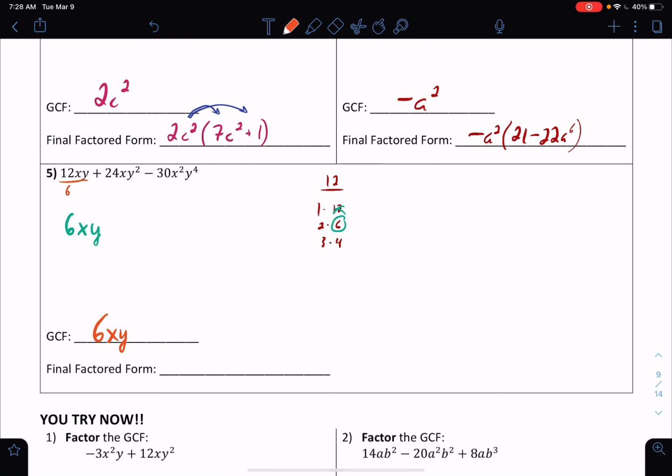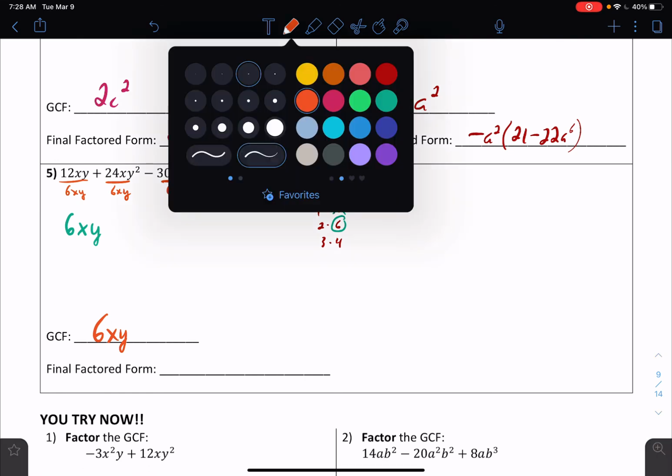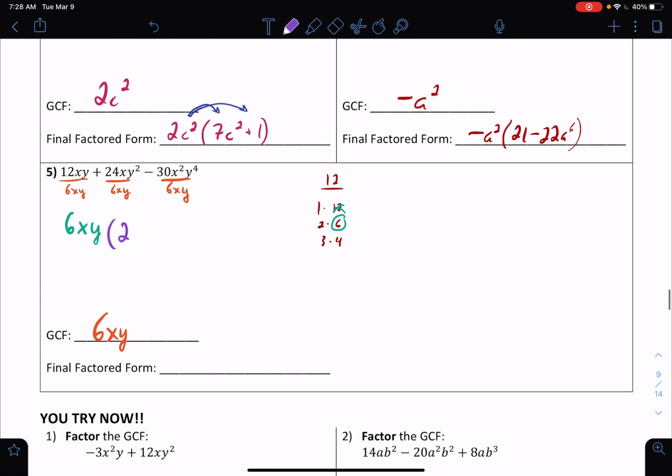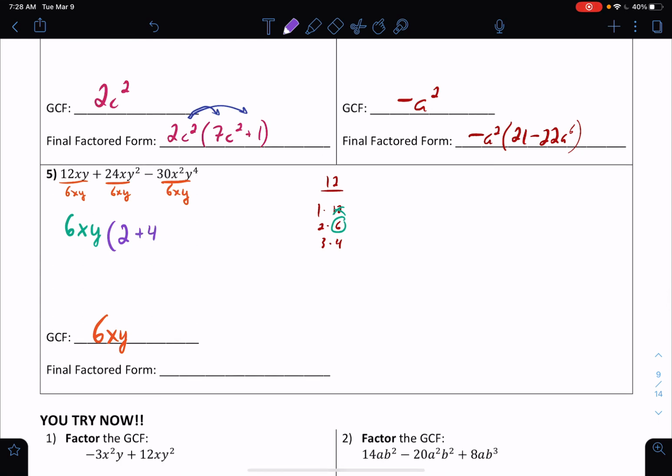So now I'm going to divide each of these by my greatest common factor to see what the remaining factor will be. So 12 divided by 6 is 2. X divided by x cancels out. Y divided by y cancels out. The next term, 24 divided by 6 is 4. X divided by x cancels out. Y squared over y means there's going to be one y left over.